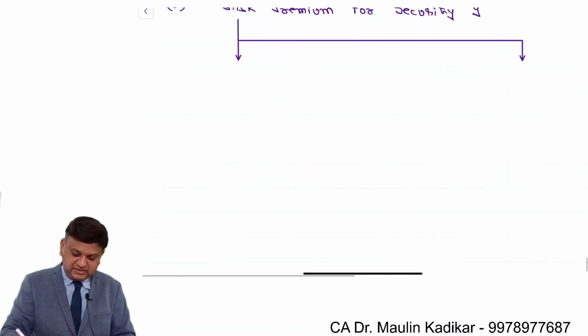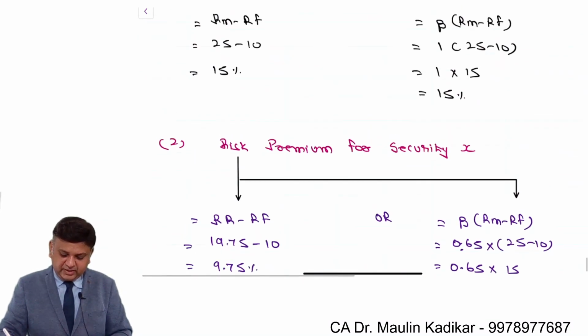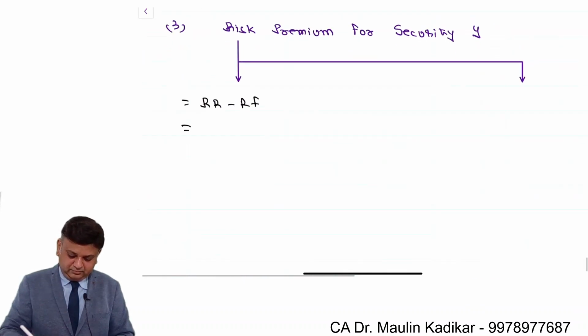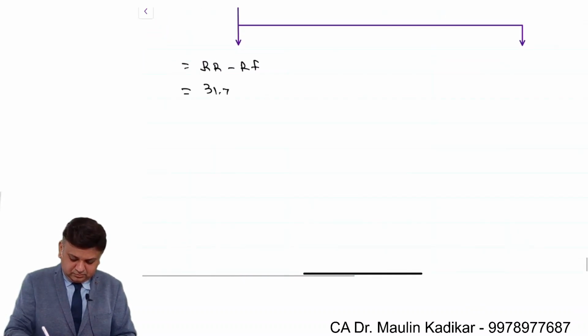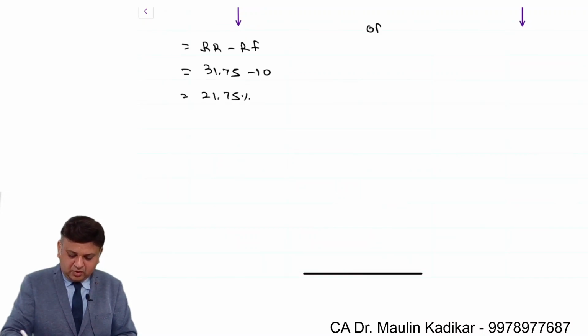So it can be found as required rate of return, that is 31.75 minus 10. That is 21.75%. Or otherwise it can be calculated as beta into (RM minus RF).